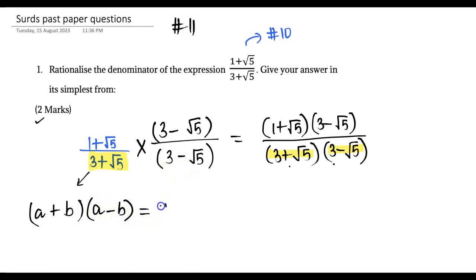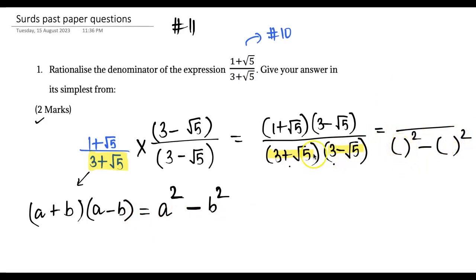So we get the difference of squares. We square A and B, and it's equal to the difference of squares. So the first is 3 and the second is root 5.